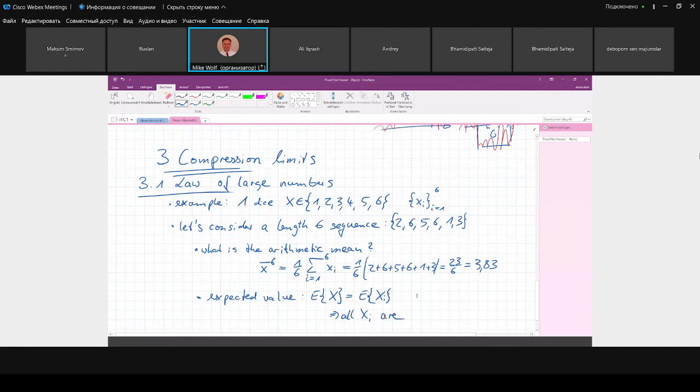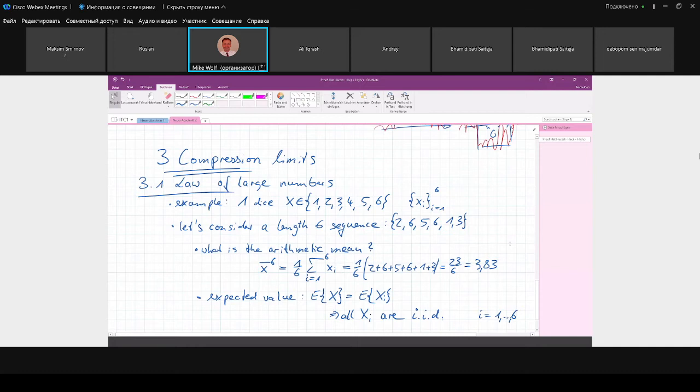So now, since the result is random, I consider these dice throws, this sequence, as a sequence of random variables because the result is random. So all random variables, i goes from 1 to 6 in these examples, are independent, identically distributed. I write this.